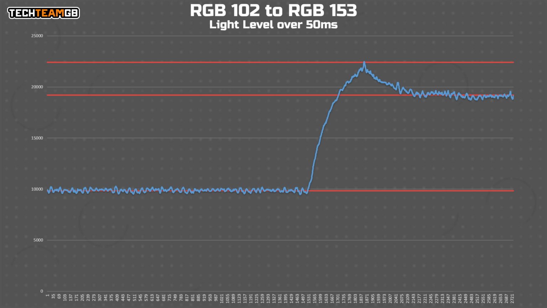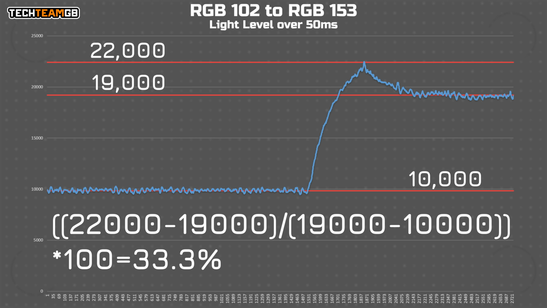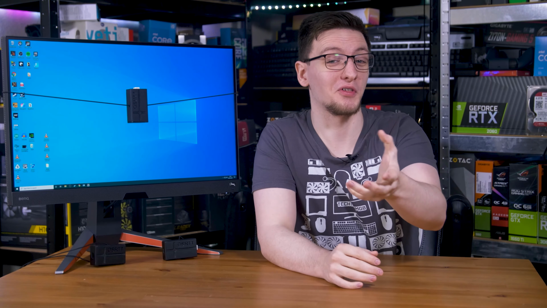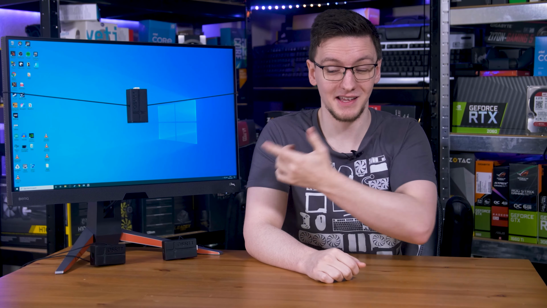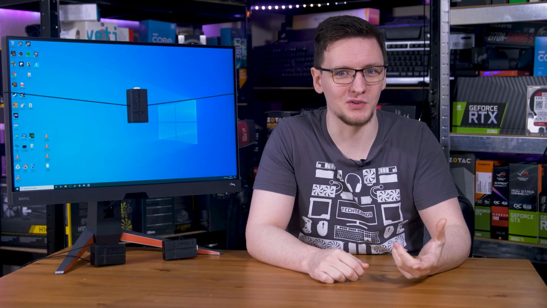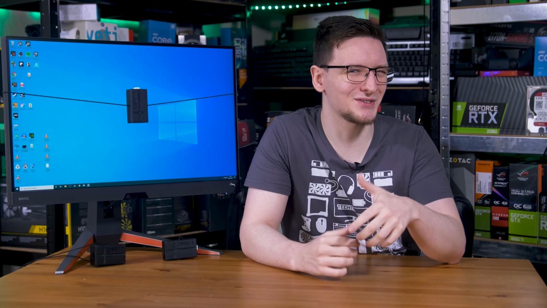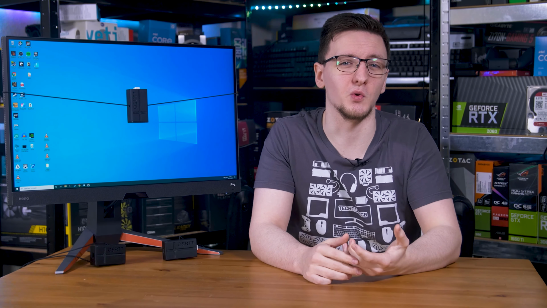Although some would quote it based on the transition's range. So it would still be the 22,000, the peak, minus 19,000, the end light level, but then that's divided by 19,000 minus 10,000, or the range of the transition, and again, times by 100, which gives you about 33%. The trouble with those, of course, is the same as the response times. The light level change doesn't correspond to the gamma curve, which means it's not a very good representation of what you'll actually see as a viewer.